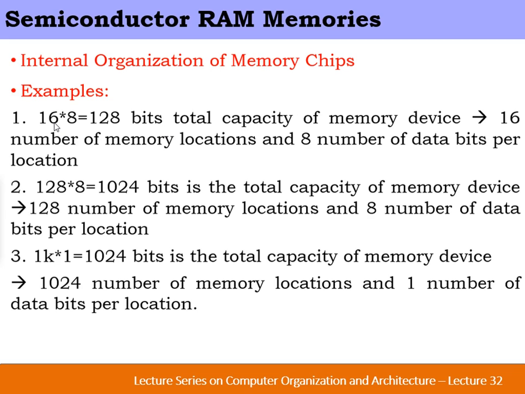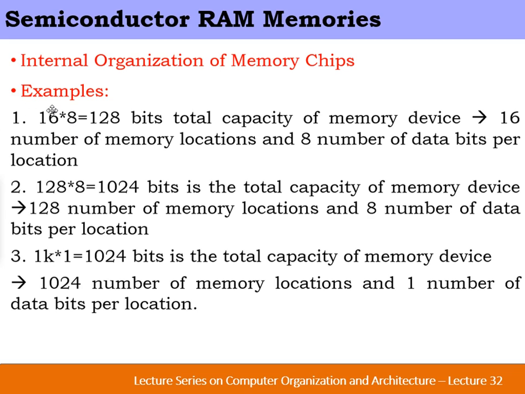Now here the first part, that is 16, tells us how many memory locations can be accessed, the total number of memory locations. So 16 indicates the total number of memory locations, and the second number, that is 8, tells us how many data bits can be fetched per location.